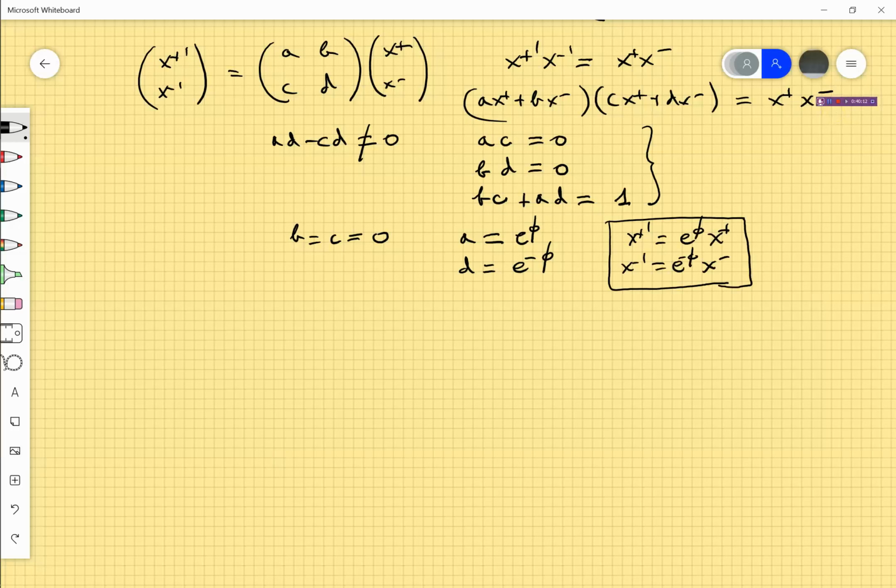Okay, now you can undo this transformation. You can go back to x0 and x1.